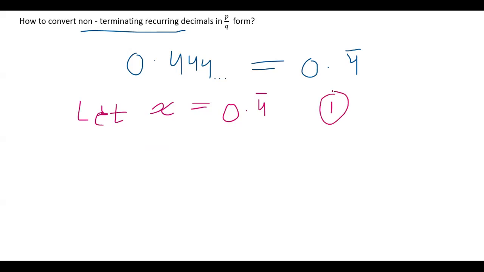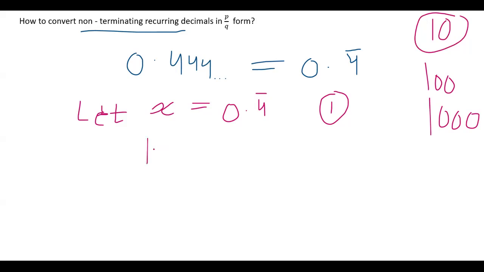Now if I multiply both sides by 10. Why are we multiplying both sides by 10? Because after the decimal, only one digit is repeating. If two digits are repeating, we will multiply by 100. If three digits are repeating, then we will multiply by 1000. Since here only one digit is repeating, we will multiply by 10 here.